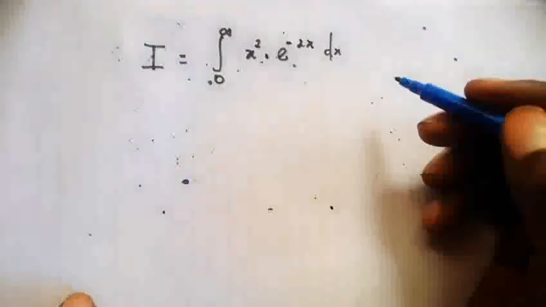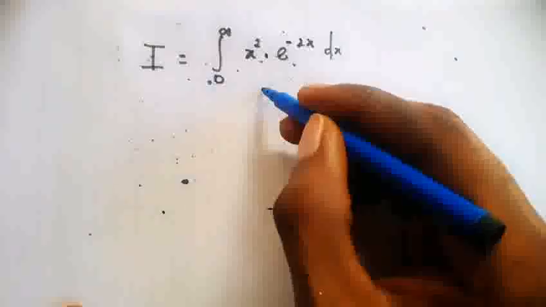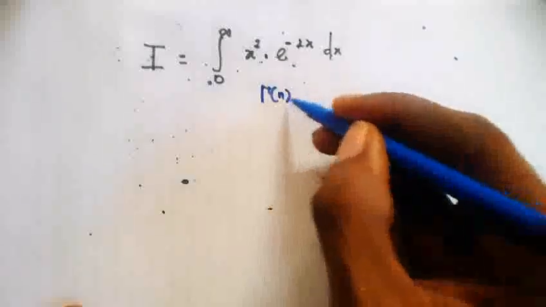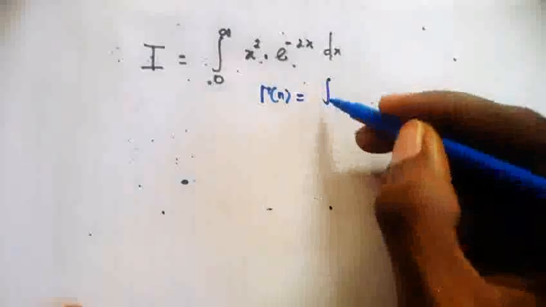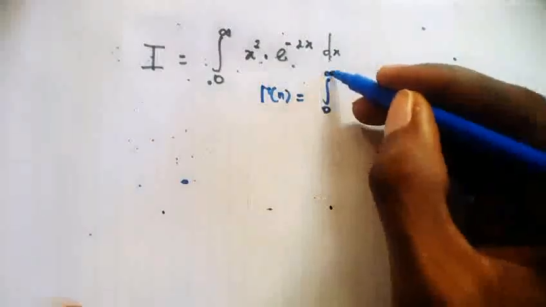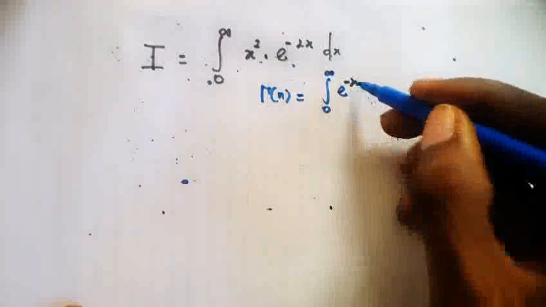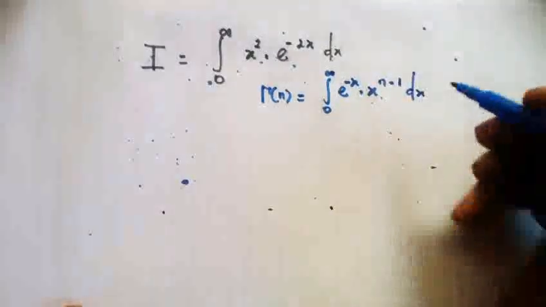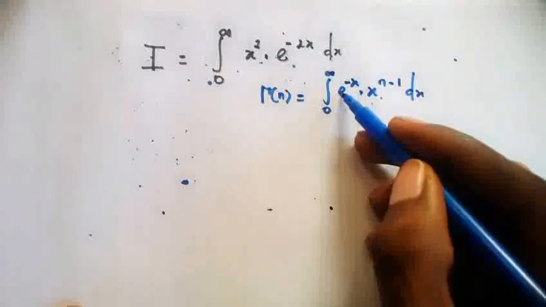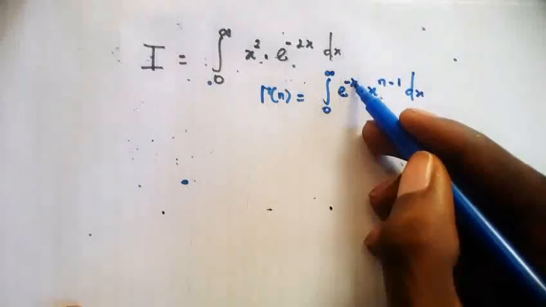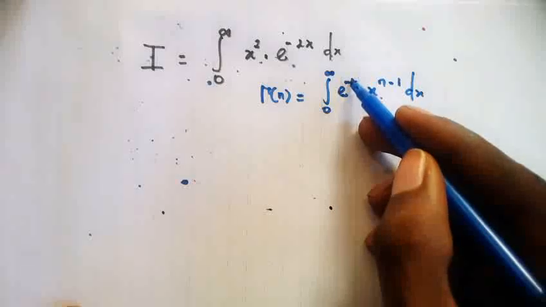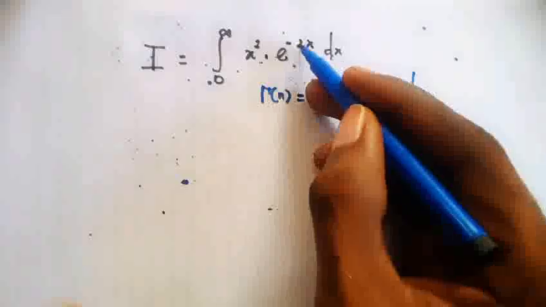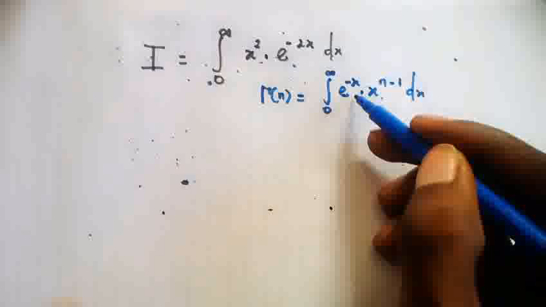Before you start solving this problem, always recall that the gamma of n is equal to the integral from 0 to infinity of e raised to power negative x times x raised to power n minus 1 dx. If you check the power of e here, it is only negative x, so the coefficient of x here is negative 1, and here we have negative 2, so it's not corresponding with what we are seeing here.